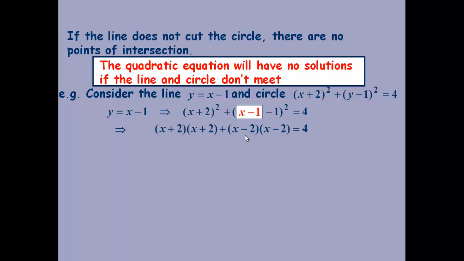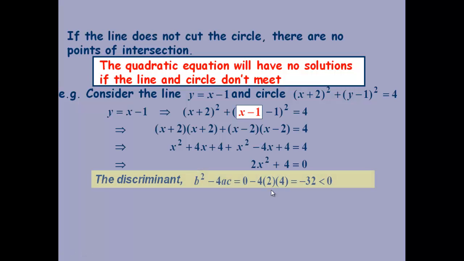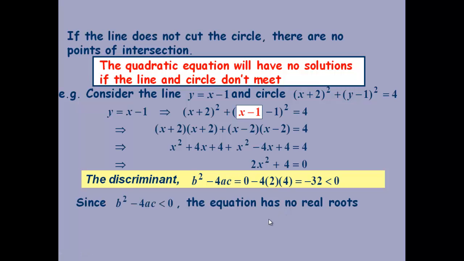This time we get this. Tidy it up. We end up with this quadratic here, and the discriminant is -32, it's less than 0, which tells us that there's no points of intersection. So this line will miss the circle. It won't intersect or even touch the circle.